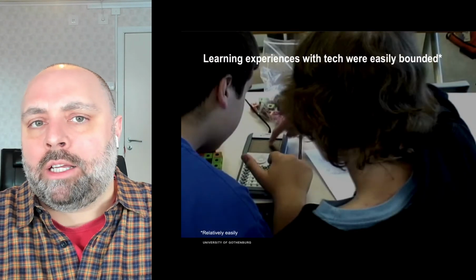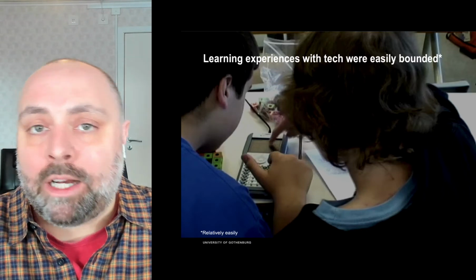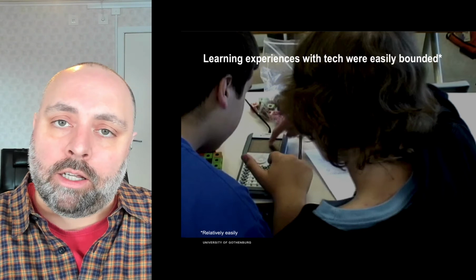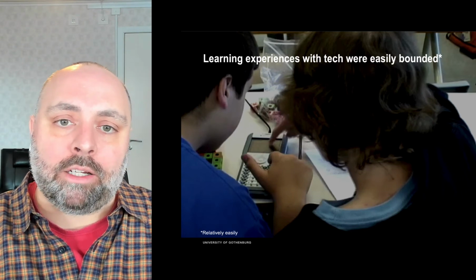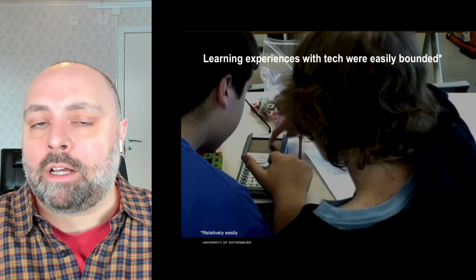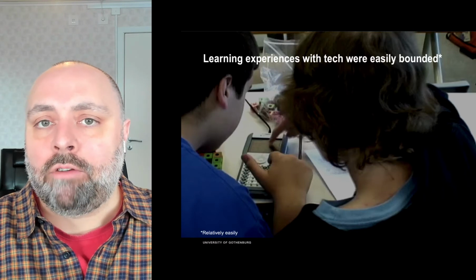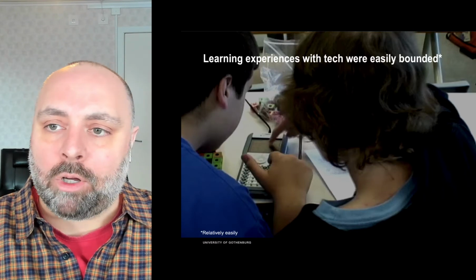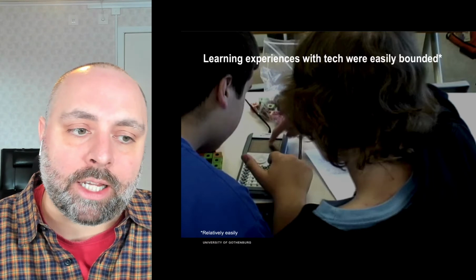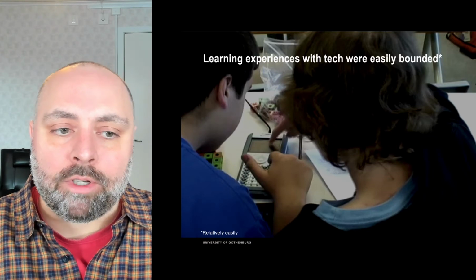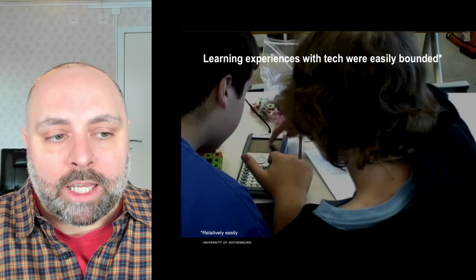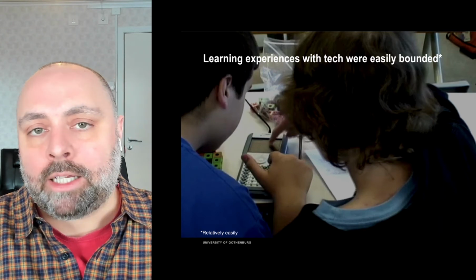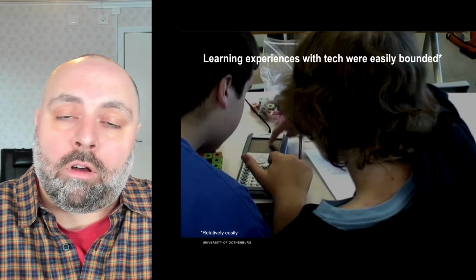So in the same way that the materials and the resources in learning experiences have been relatively easy to locate, learning experiences themselves with technologies have been relatively well bounded. It's possible, as we see in this picture here, to see that these two students are using a graphic calculator, they're using paper and pencil, they're using Cubalinks to work on math.